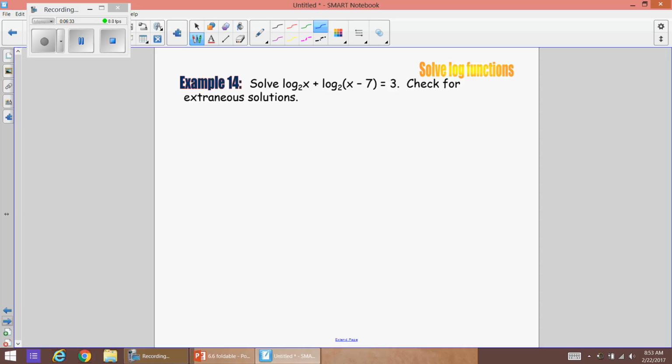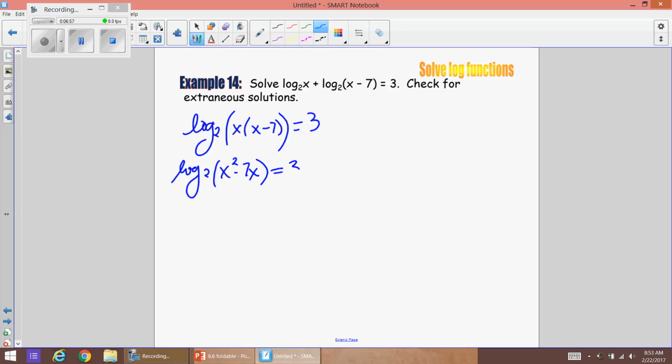Oh, but wait. We are allowed to multiply those of parts. So it's log base 2 of x times x minus 7. Got it. Equals 3. Now do the multiplication. So it's log base 2 of x squared minus 7x.